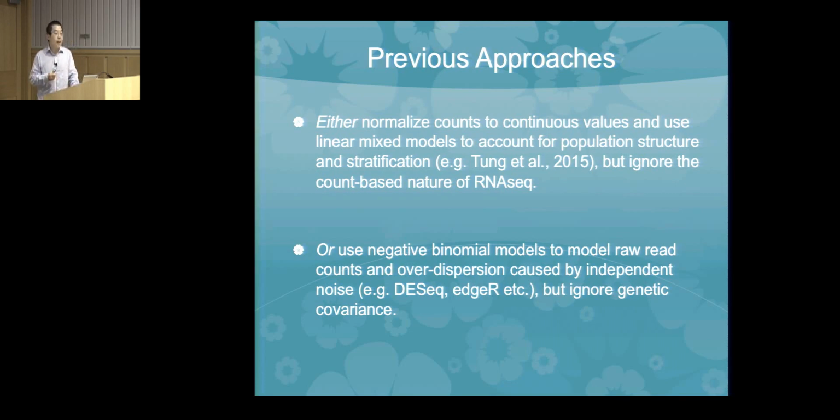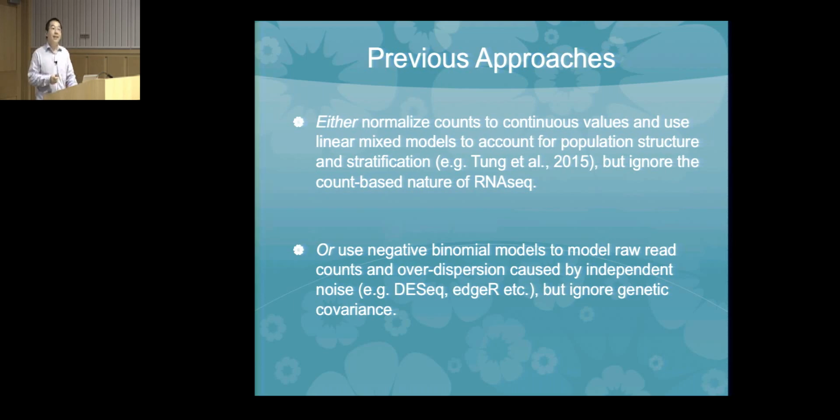Once they have normalized the counts to continuous values, they can use a linear mixed effects model to account for population structure, individual relatedness, or population stratification. While this approach deals with the population structure issue, it fails to account for the count-based nature of RNA-seq. So naturally, you would expect that this type of approach may lose power.